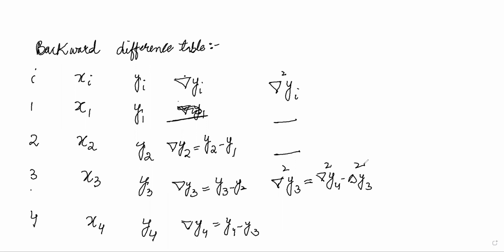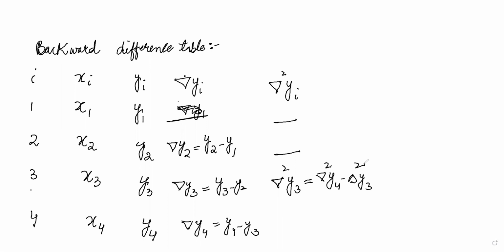So this is how we start: x1, x2, x3, x4, y1, y2, y3, y4. Delta y2 is y2 minus y1, delta y3 is y3 minus y2, and delta y4 is y4 minus y3.